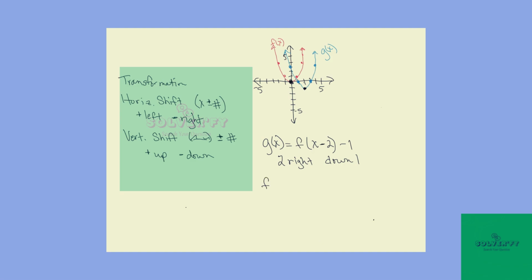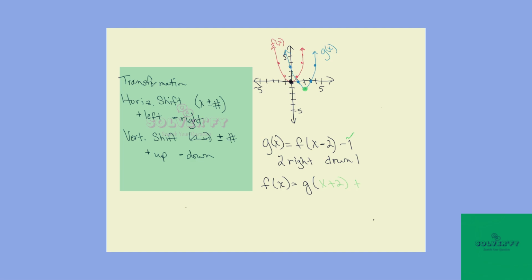And then it says, start with g and describe f in terms of g. So if I start right here, then what has happened? To get to the red one, I have to go to the left 2, so that's x plus 2.